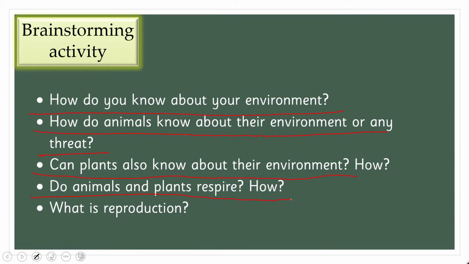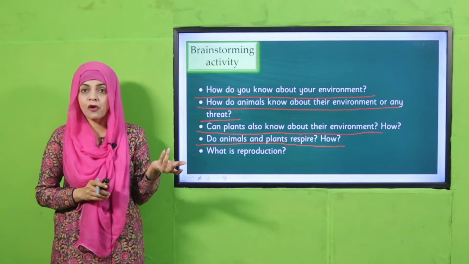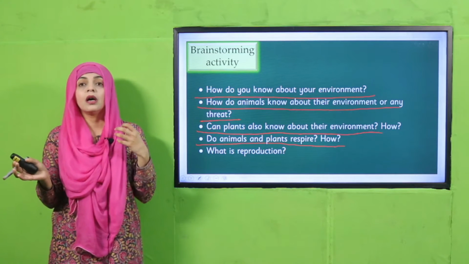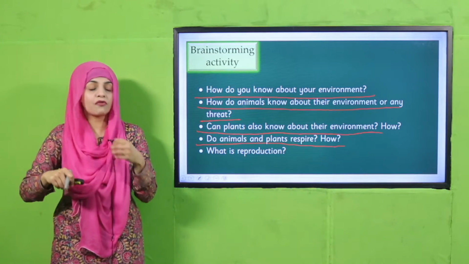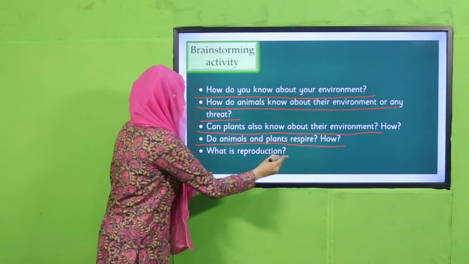Do animals and plants respire? How? Yes, both plants and animals respire. Plants take in carbon dioxide from the air, whereas animals take in oxygen from the air. What is reproduction?